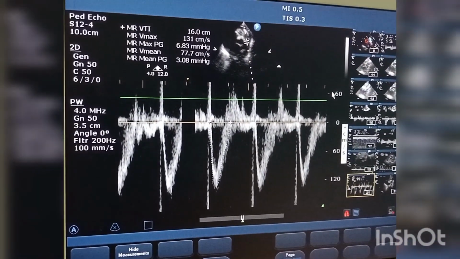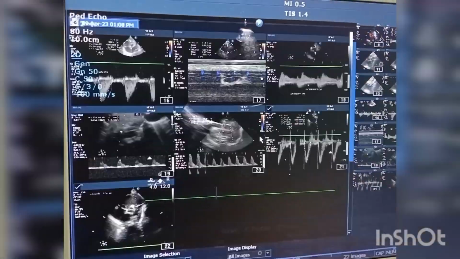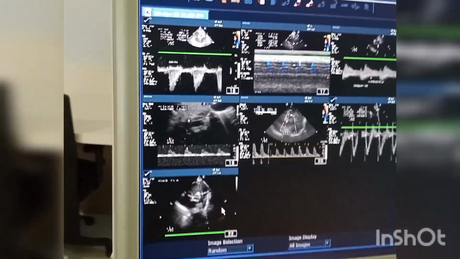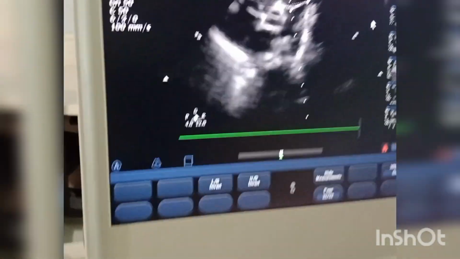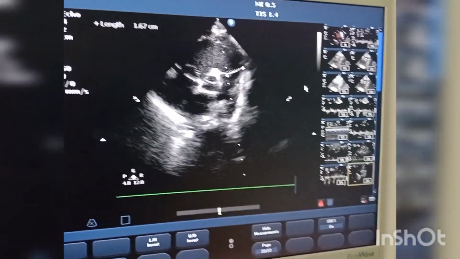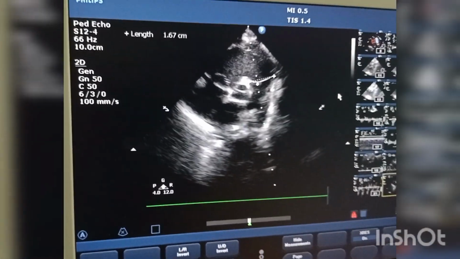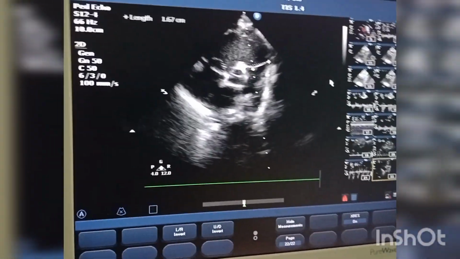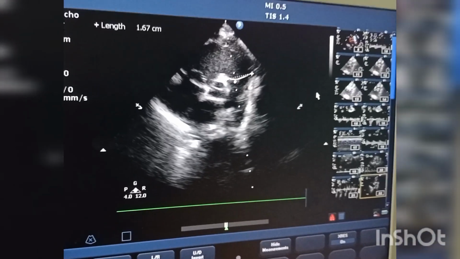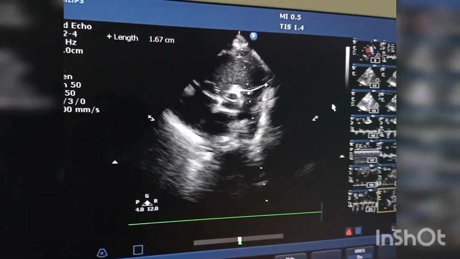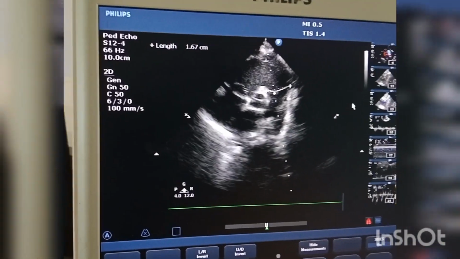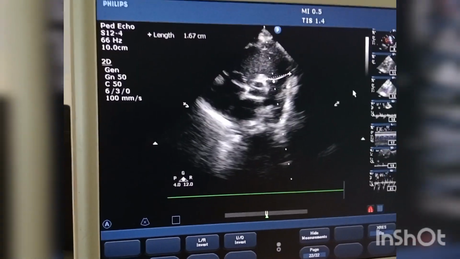So the diameter we got was 1.67 centimeters, and just a VTI. So use the same formula, pi r squared divided by 4 times VTI times the heart rate. You will get around 4,900. So again divided by 4, it will come to around 1200.